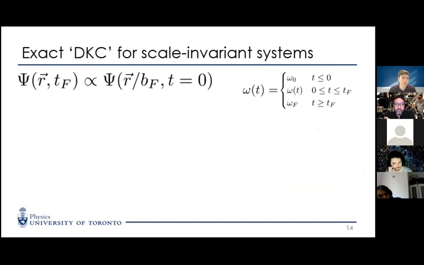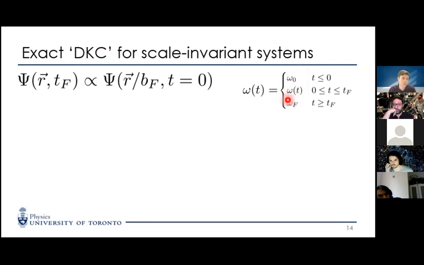Okay, so now contained to the set of systems that obey scale invariant dynamics, which is a broad one, let's see if we can come up with an exact construction of delta-kick cooling. Well, a more generalized approach to delta-kick cooling would be to imagine, let's start in a harmonic potential of initial frequency omega naught.